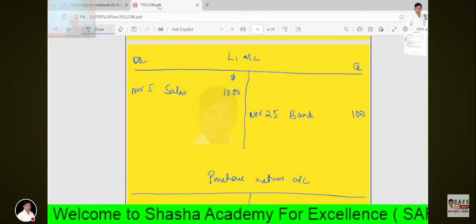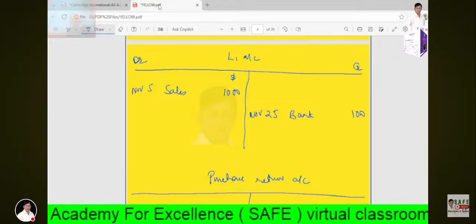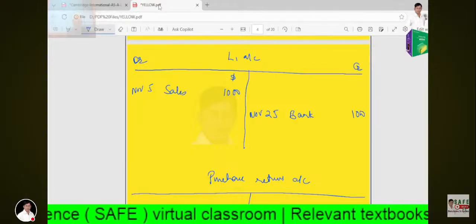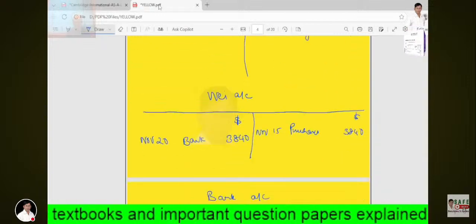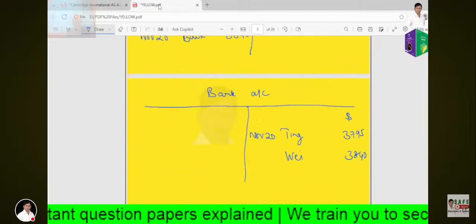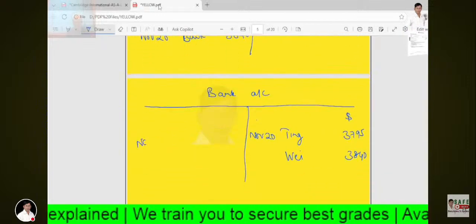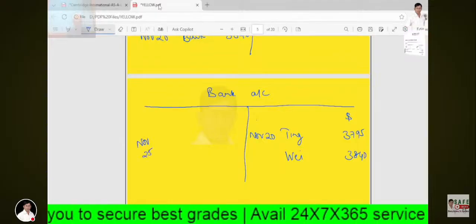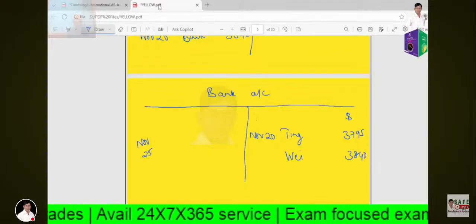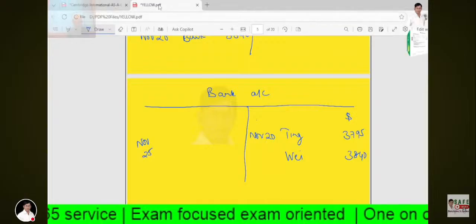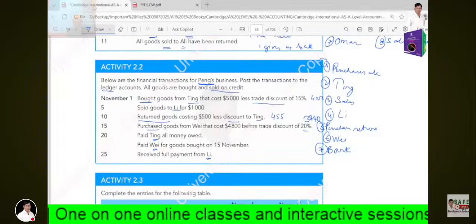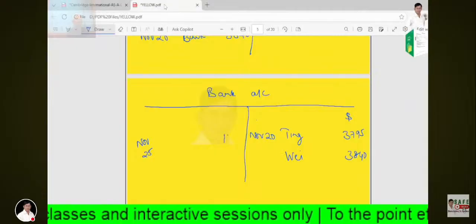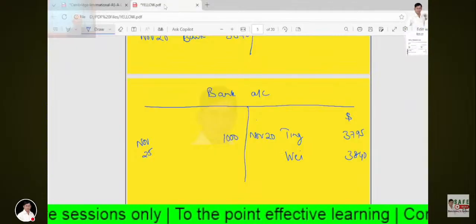By default we are assuming that we have received through bank. That is an assumption. So bank, November 25, from Lee, 1000. 1000 from Lee we have received.